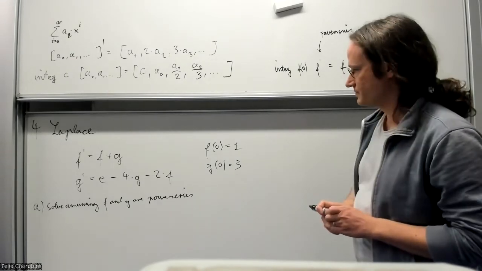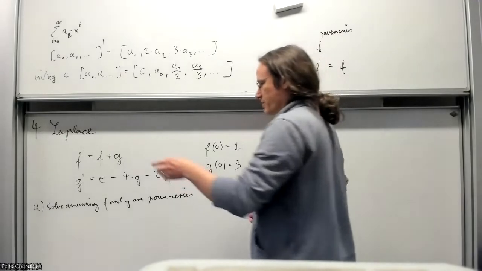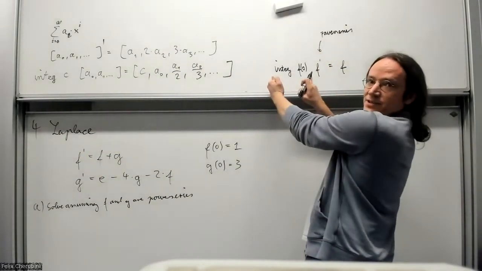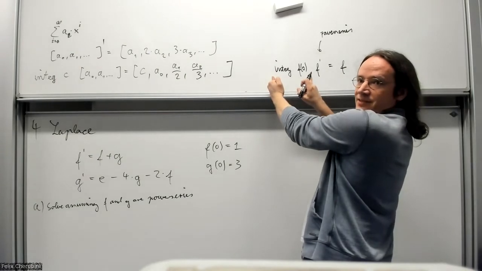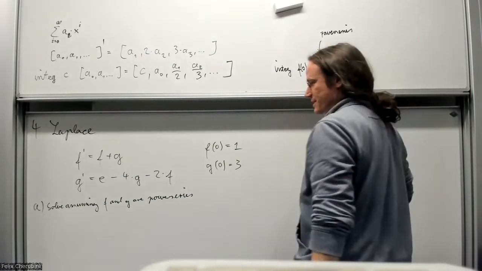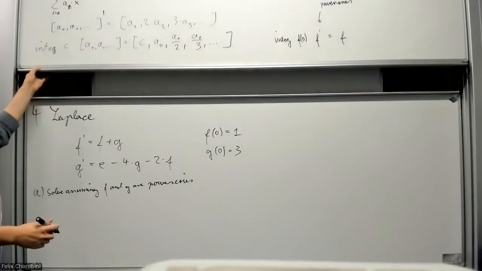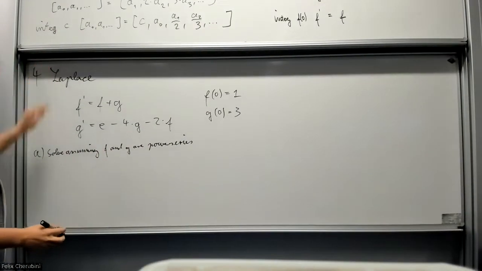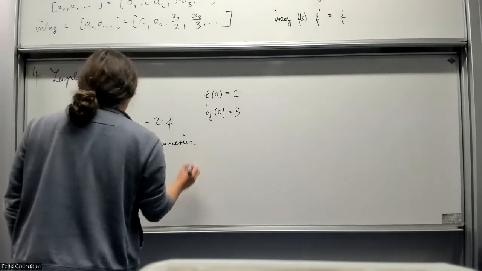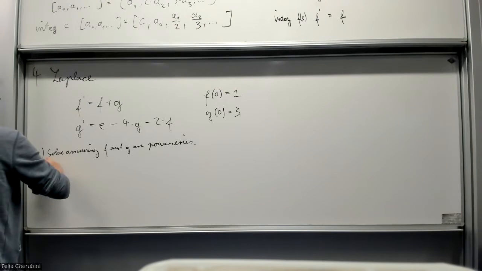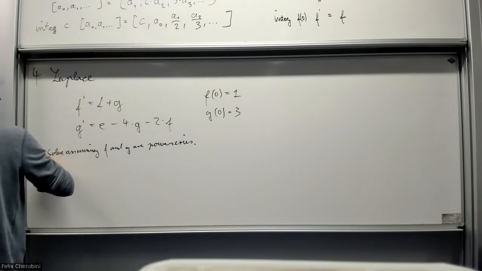So one way to solve this would be to apply this function on both sides. Then we get something which doesn't contain a derivative.